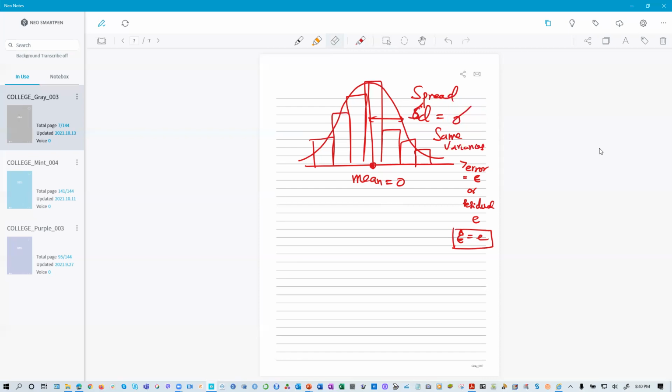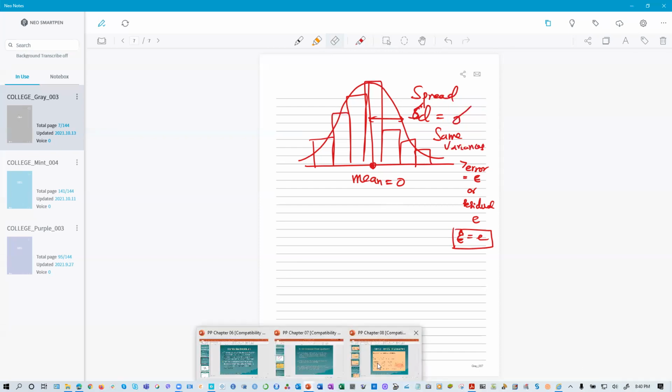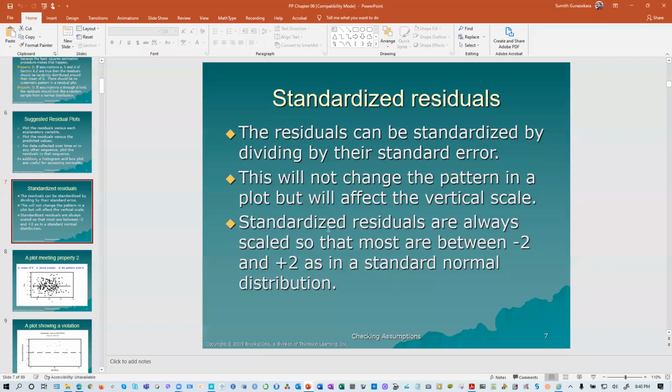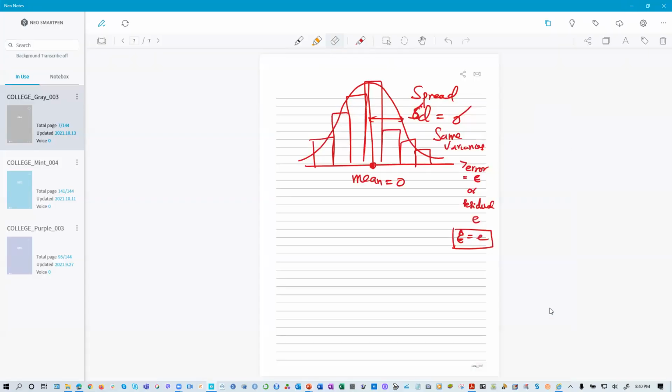So they say here, if you want to standardize, this distribution is going to change. You can have Z, the standardized error, which is the error divided by its standard deviation.